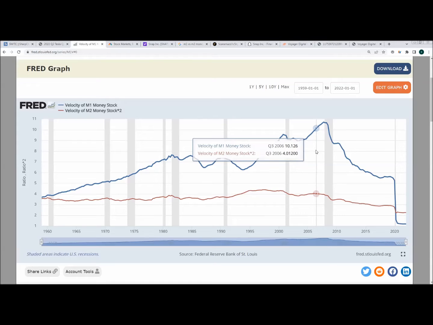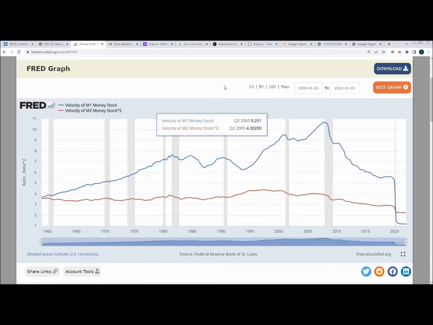So the point is how fast the money is circulating in the system is a factor for inflation, or it's supposed to be a factor for inflation. And the idea would be, even if you had $1 trillion, and all you have is $1 trillion out there, and that $1 trillion is floating around at a rate of 2, 3, 4x, very high velocity numbers, you can imagine that would cause the price of things to go up.